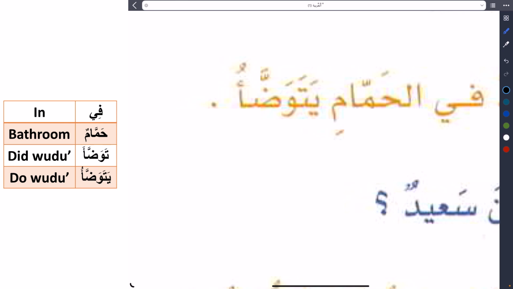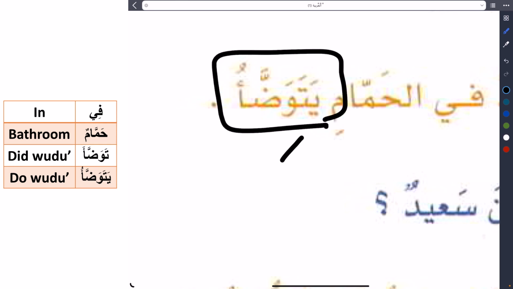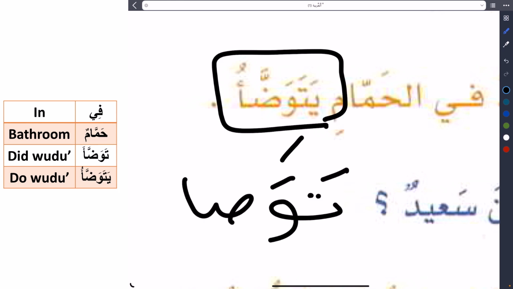You need to study these two verbs. Past, tawadda'a. Present, yatawadda'u. You should study the present with the past. And now, what's the meaning of tawadda'a or yatawadda'u?